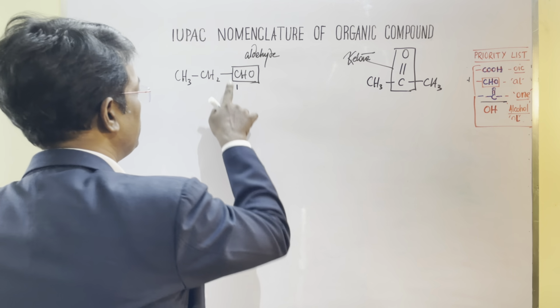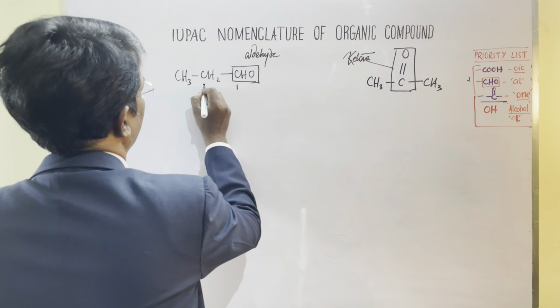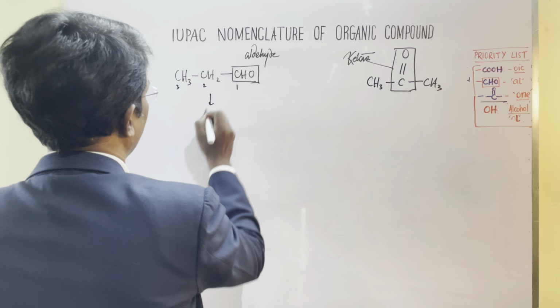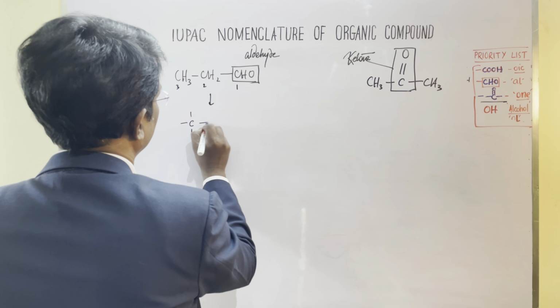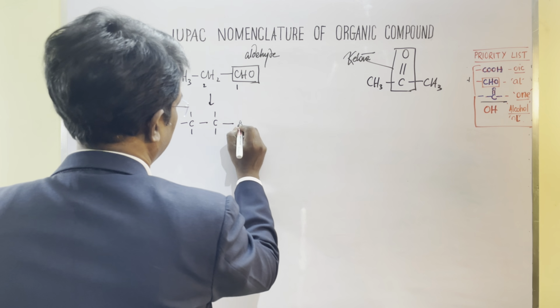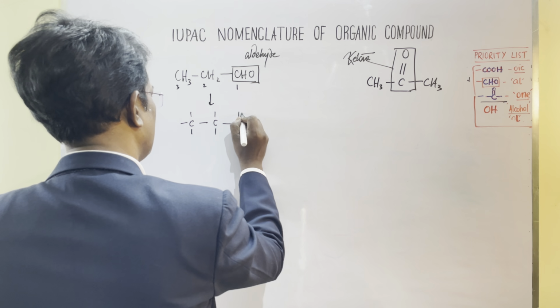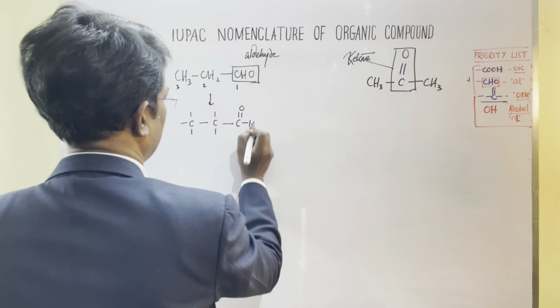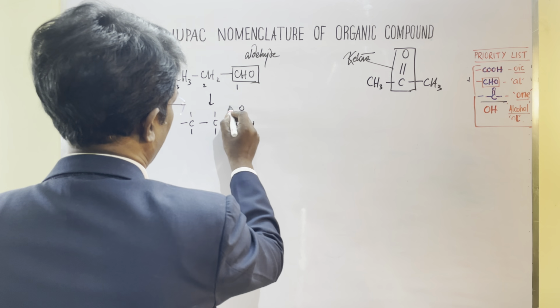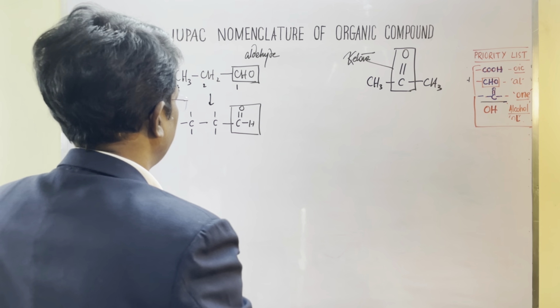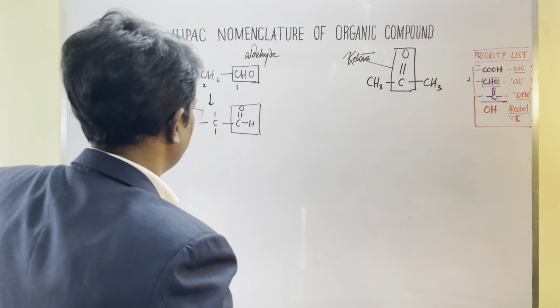It will be named also. This carbon we have to include here, CHO: 1, 2 and 3. If we open it, how does it look? CH3, C, double bond O, H, CHO. This carbon we also need to include while naming. We cannot exclude that.